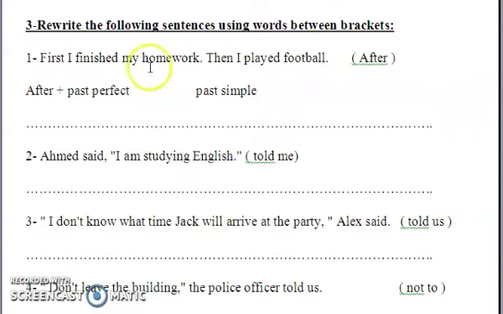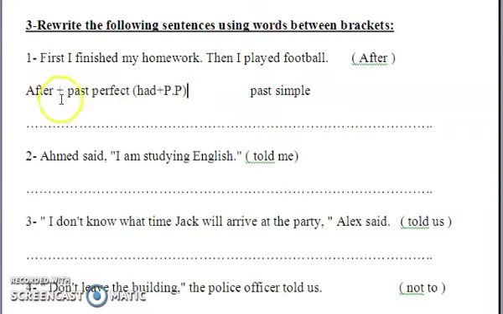Do you remember also what the past perfect is? The past perfect is had plus the PP. So here I start with after, then I use past perfect, then I get past simple. And past perfect is the part of the sentence which happened first.